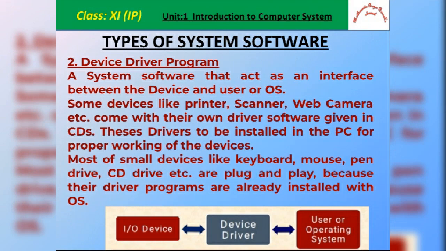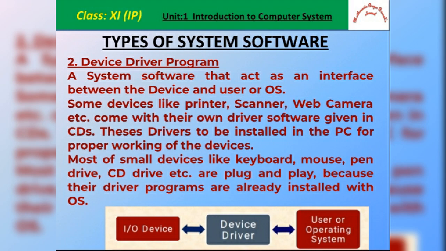Then the second one is the device driver program, a system software that acts as an interface between the device and the user or the operating system. Some devices like printer, scanner, webcam come with their own driver software given in a CD, and this driver is installed in the PC for the proper working of the devices.